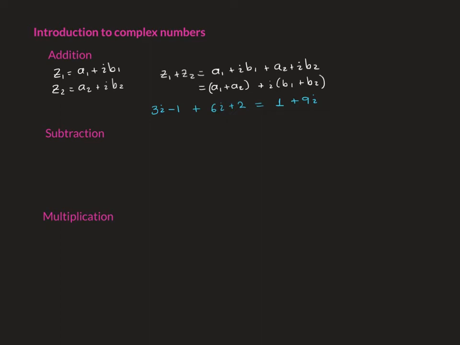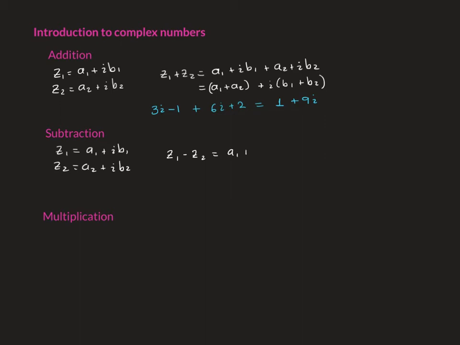Subtraction is similar to addition. So in general, let's consider the same numbers that we had in the previous case. So z1 is a1 plus ib1, z2 is a2 plus ib2. And if we want to do the difference of z1 minus z2, we just need to keep in mind that we are going to have to change the sign of z2.